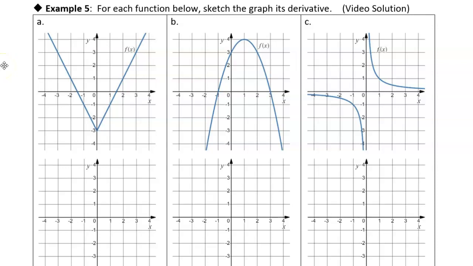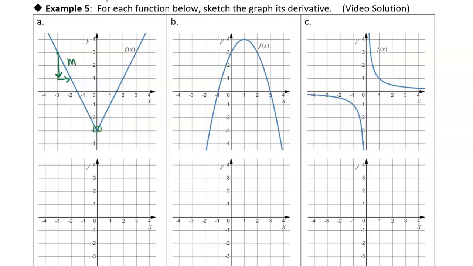The first one is actually pretty easy to just estimate the slope. You can see this function is linear. It's actually an absolute value function, right? So it's linear with a sort of discontinuity here. But you can see that we're going down 2 and over 1.